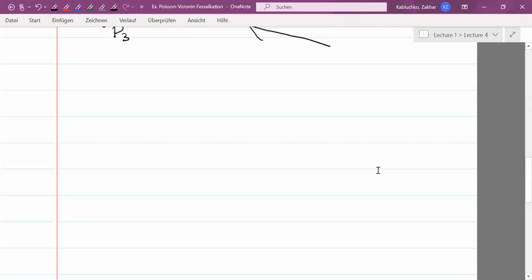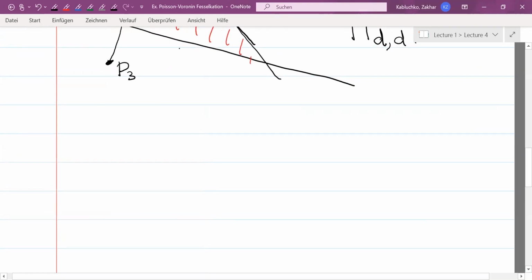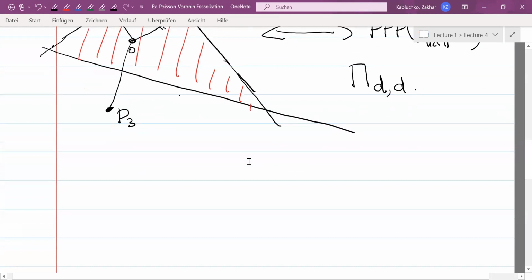And now the main question, or one of the questions which one can pose here, is what are the expected face numbers of, for example, the Poisson zero cell or of the typical Poisson-Voronoi cell?